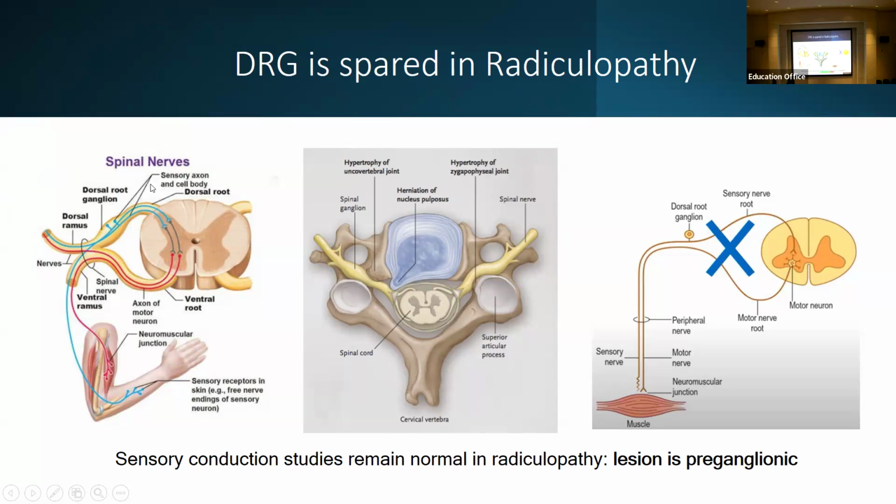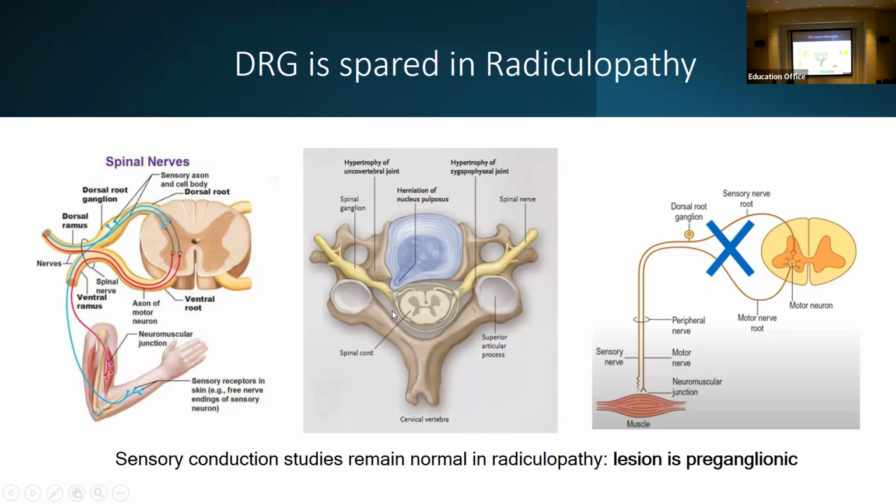Different from the motor or ventral root pathway, the sensory neurons are actually located outside the spinal cord. We call it the DRG, okay, dorsal root ganglion. So knowing this anatomy is important to help us localize the lesion, whether it's radicular, preganglionic, or postganglionic.